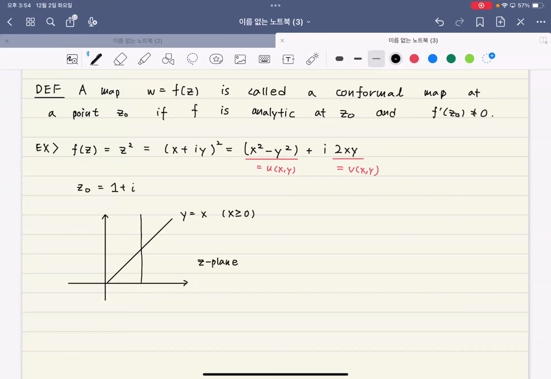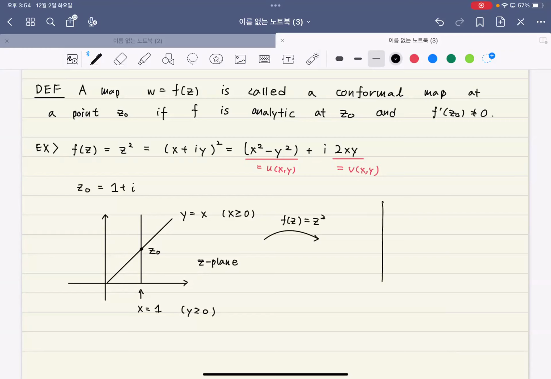And this guy is another one, which is x equals 1, and y is positive. And this is my point z0. And my function is f of z equals z squared.